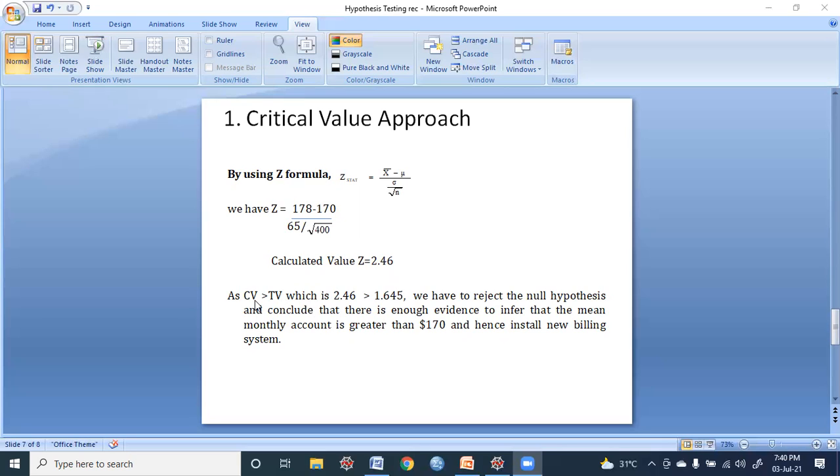As per the thumb rule, if the calculated value is greater than the table value, we reject the null hypothesis. Hence, we conclude that there is enough evidence to infer that the mean monthly account is greater than $170, and hence install the new billing system. So this is how we prove the hypothesis using the critical value approach.